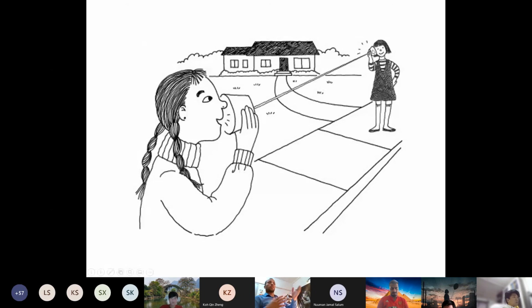Vibration always has a very high relationship to the material or the medium where it is moving. So if you cut this wire, you will hear less. This lady will be able to hear lower compared to before because of this medium.